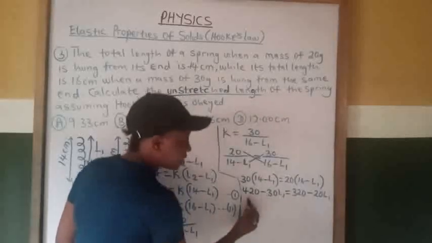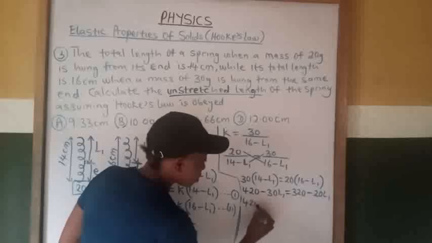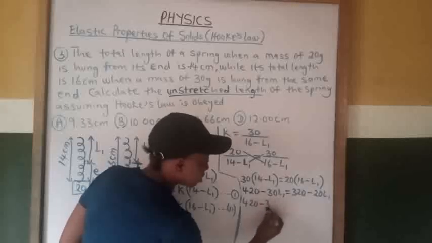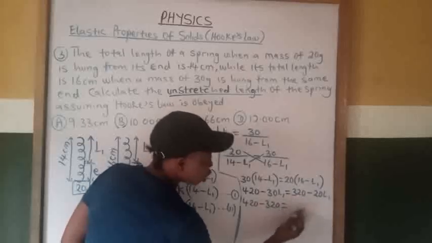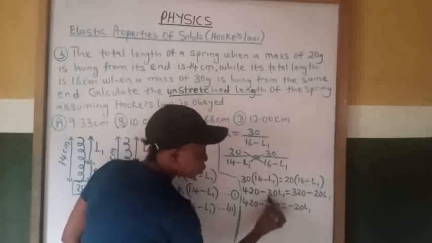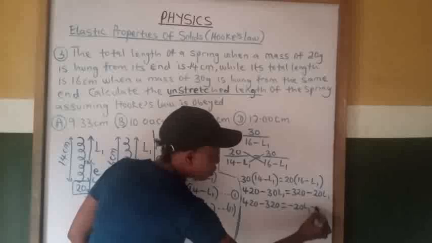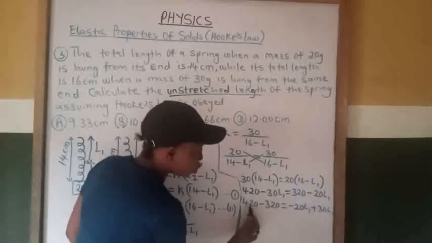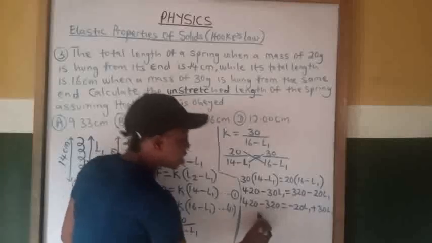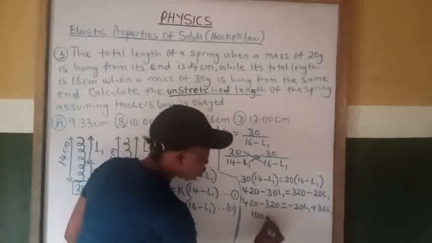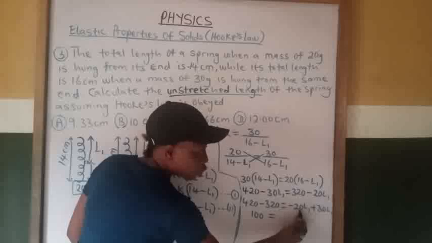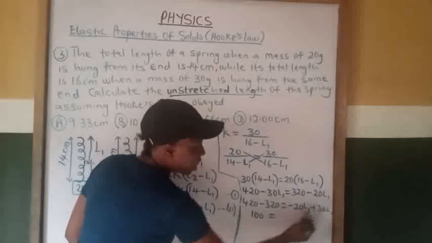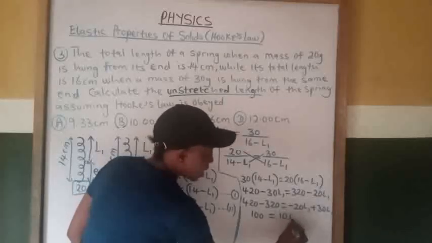So let's collect the like terms. 420 minus 320 will be equal to minus 20 L1. Bringing minus 30 L1 to this side gives plus 30 L1. So 420 minus 320 gives 100, equal to minus 20 L1 plus 30 L1, which gives 10 L1.